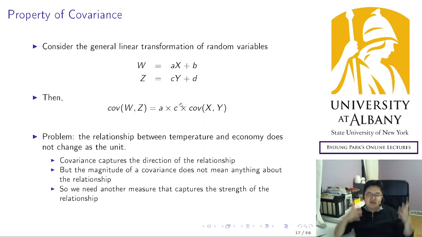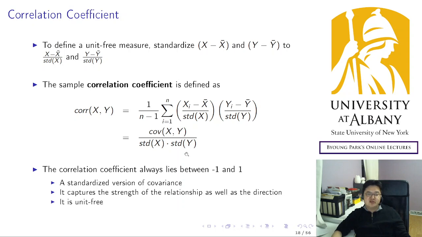So standard deviation should be used for both variables. So two standard deviations in the denominator, and then you will get the correlation coefficient, which is usually denoted in this way: CORR x comma y, correlation coefficient between x and y.